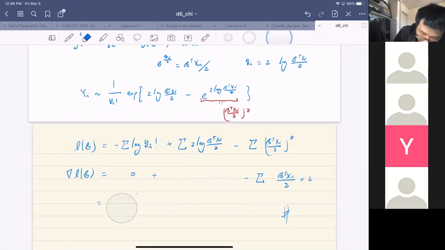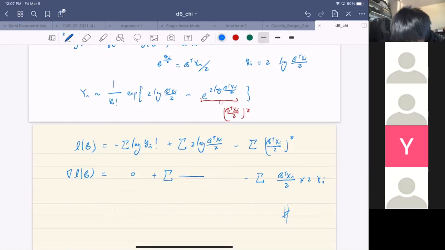Yes, I was also talking about the last one, that maybe there's an xi missing. Yeah, actually this term is wrong. Sorry, both terms are wrong. It's okay, no worries. So we take the derivative over the log, so it should be this.